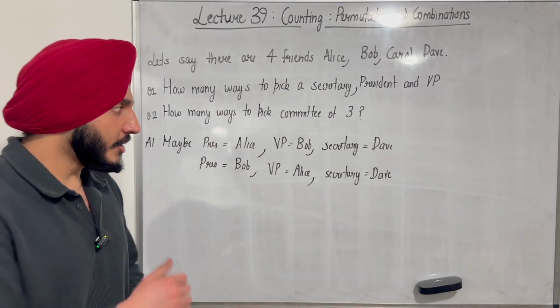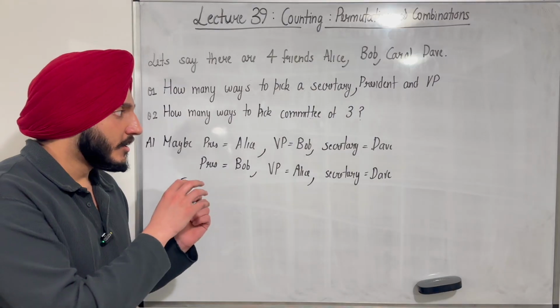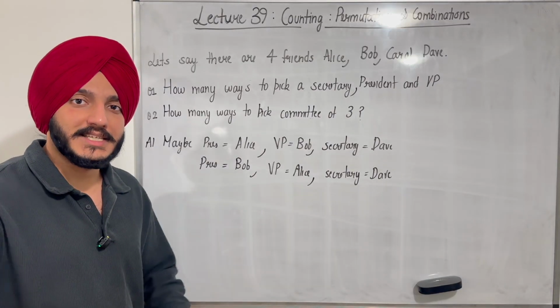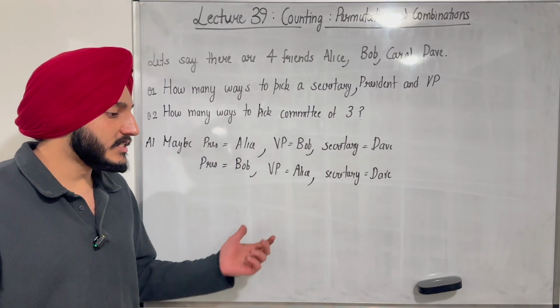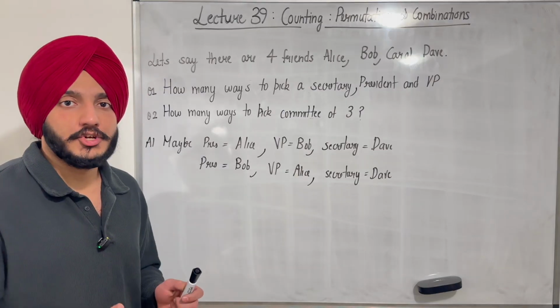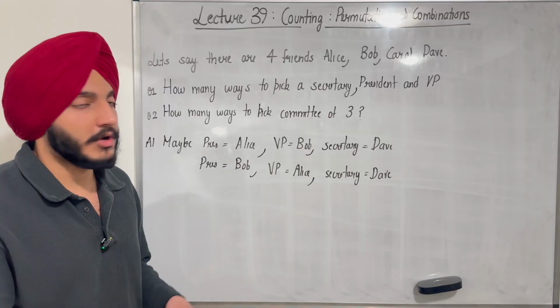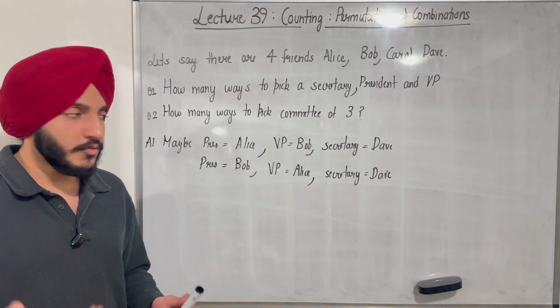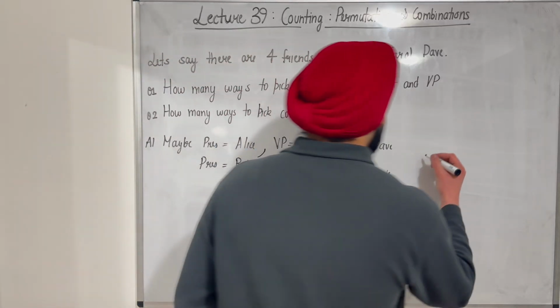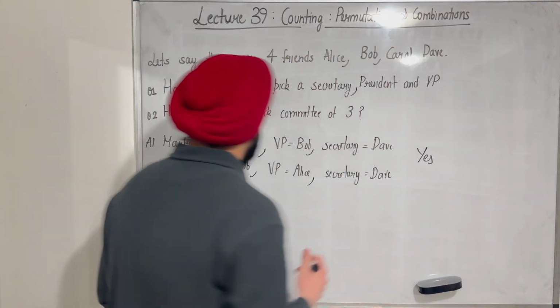Okay. Now my question is, do you think these are 2 different ways, or do you think this is the same way? Like, is this a different way of having the positions or not? The answer in this case would be yes, right? Think about this.